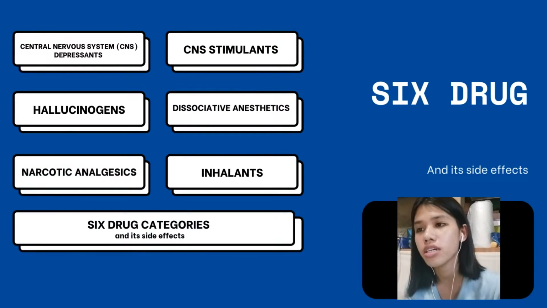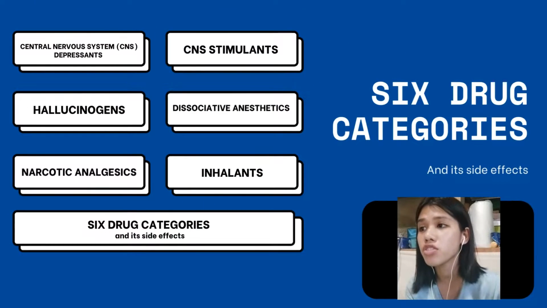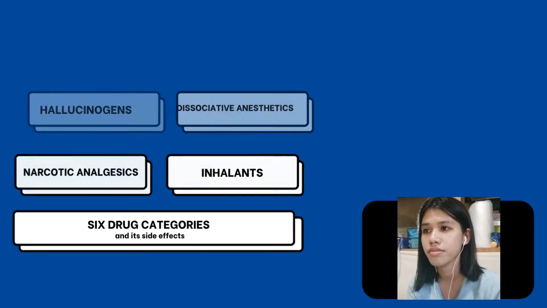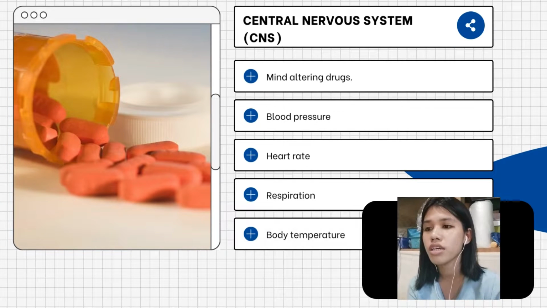There are 6 drug categories, which are central nervous system depressants, CNS stimulants, hallucinogens, dissociative anesthetics, narcotic analgesics, and inhalants. The first category is the CNS depressants.